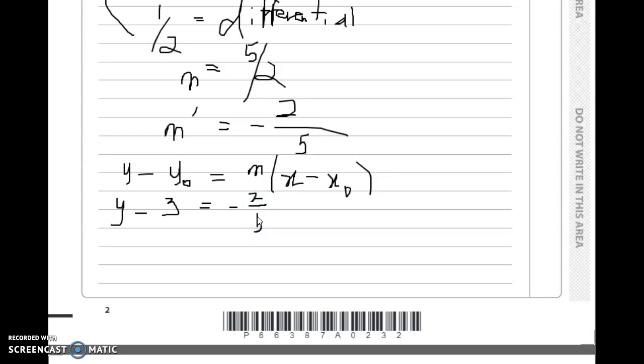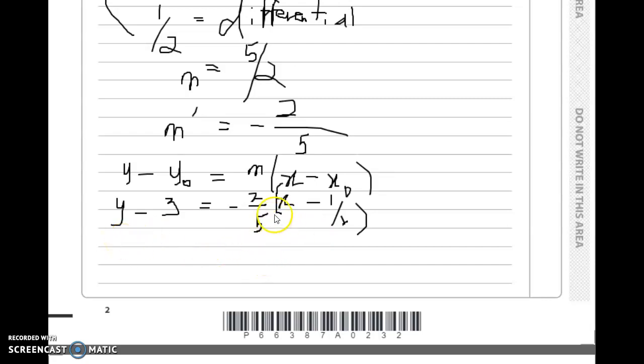So y minus 3 equals minus 2 upon 5 bracket x minus, and our x value was half.